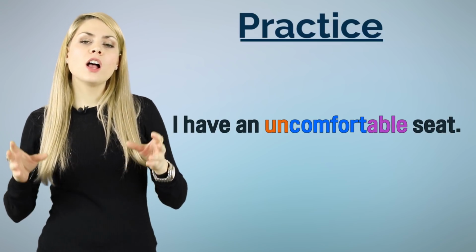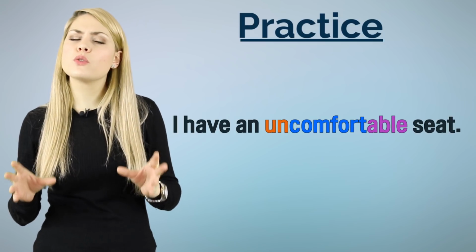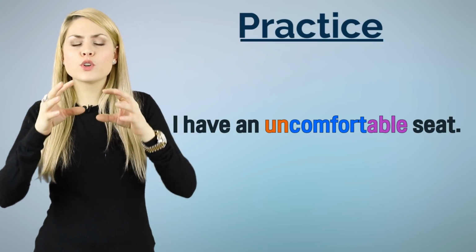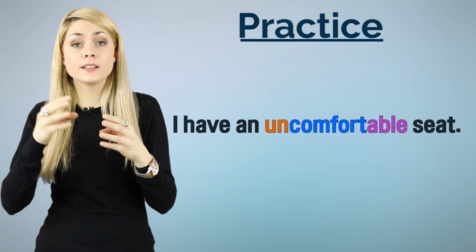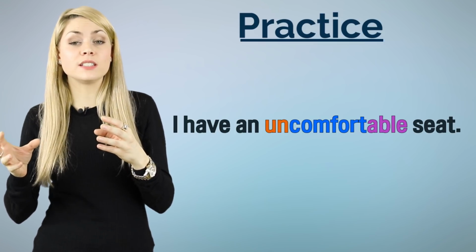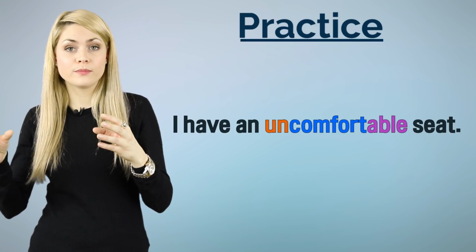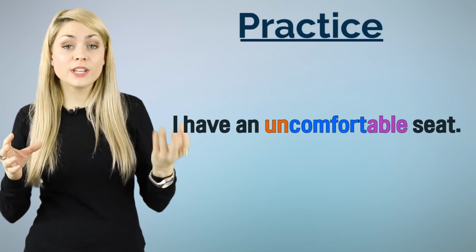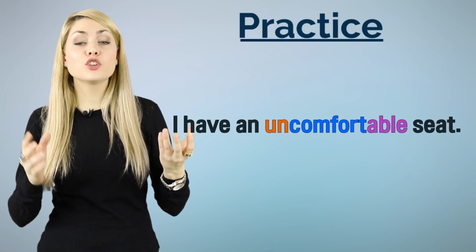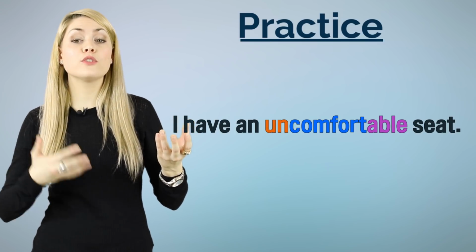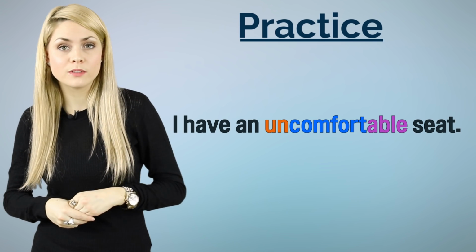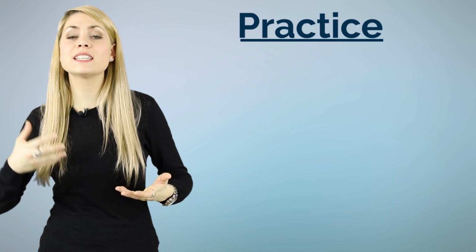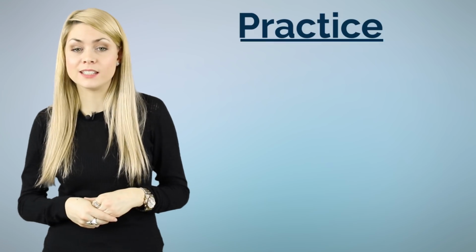Look at how we transformed the word. The first word was comfort. First, we added a suffix to make it into an adjective, which is comfortable. And then we added a prefix, un, to make it negative. So the seat is not comfortable, it is uncomfortable. That's how prefixes and suffixes can be used in English.